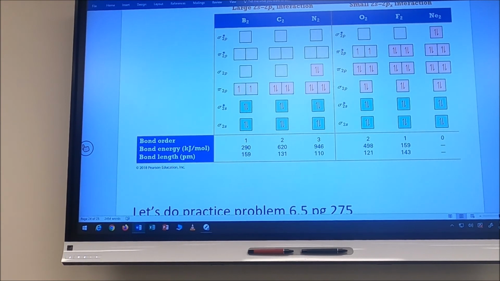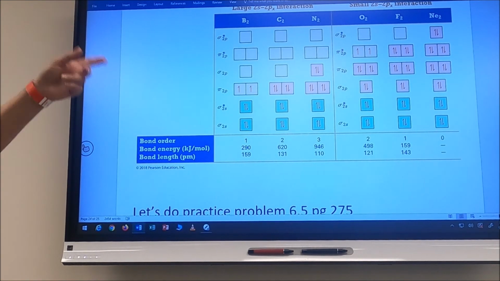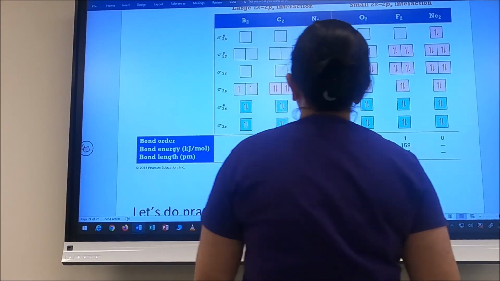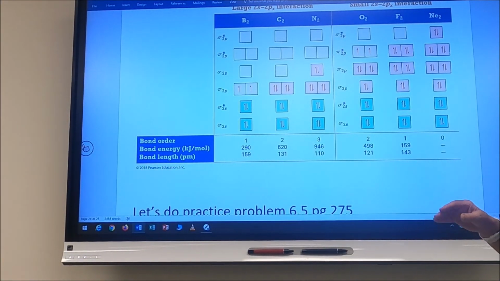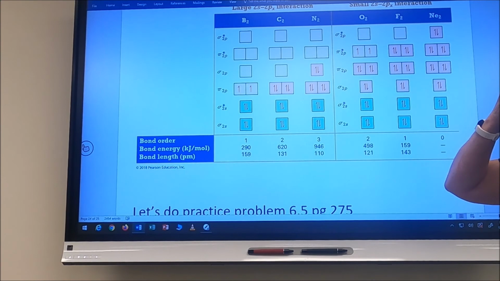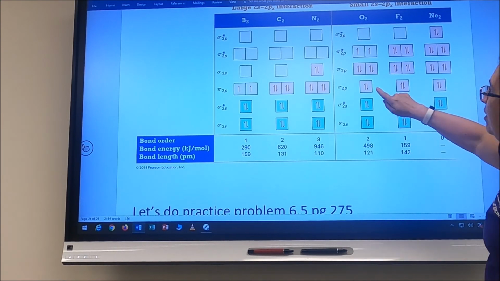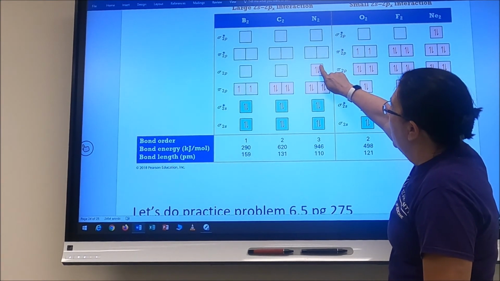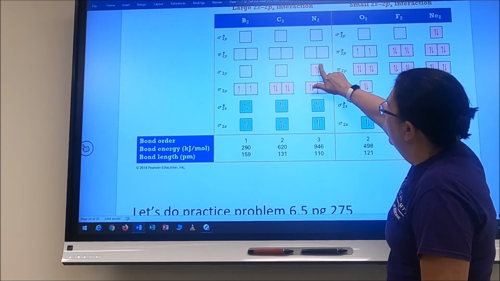Now, if you look at practice problem 6.5, it says draw the molecular orbital diagram and determine the bond order for nitrogen plus 1. Guys, I can use this. Nitrogen N2 plus 1 just means a nitrogen molecule with 1 electron missing. So you always take one out of the highest energy level. So I'd remove that electron.